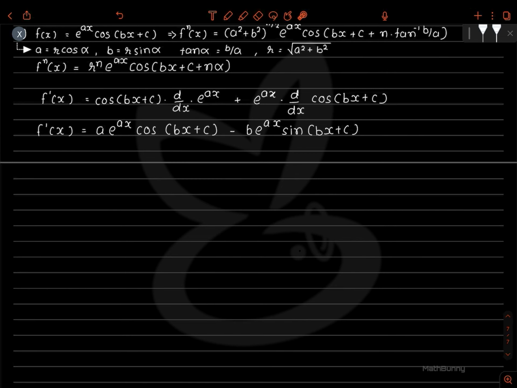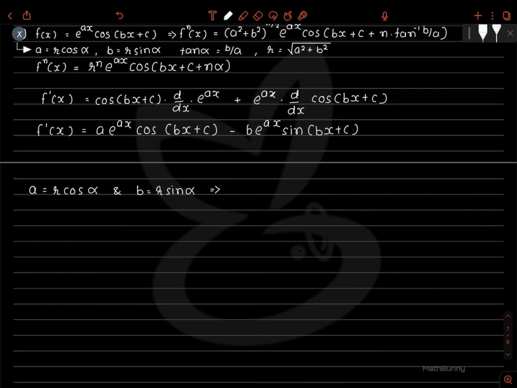We know in the Cartesian system we can write a pair of numbers as r cos alpha and r sin alpha. So in this particular function we will take a is equal to r cos alpha and b is equal to r sin alpha.